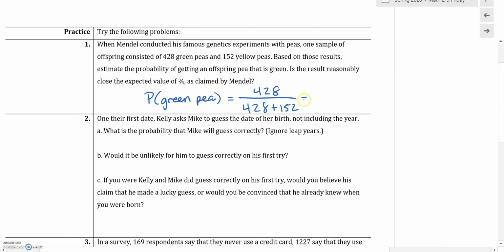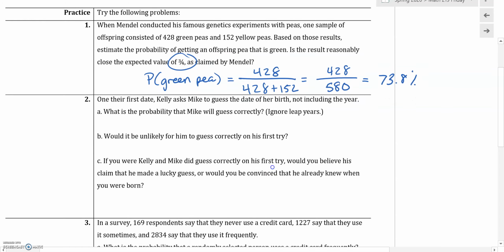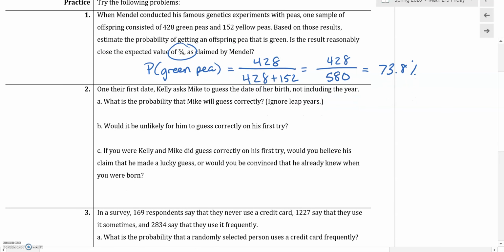And so I've got 428 out of 580. That would be a 73.8%, which is pretty darn close to 75%, what Mendel expected. Okay. Let me go to number 2. Again, sorry to go fast. I'm just trying to beat the clock here.